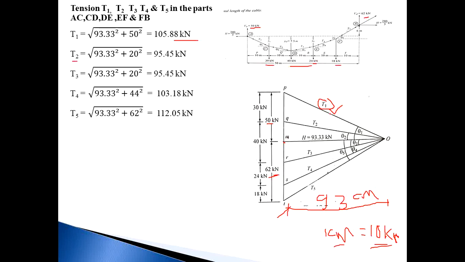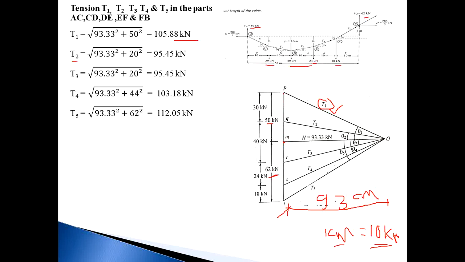Okay. Then next, for T2, consider triangle QMO. I want to find QM. I already know the base of the triangle, that is 93.33. To calculate QM, we know the value of PM and the value of PQ, so the remaining distance is QM.